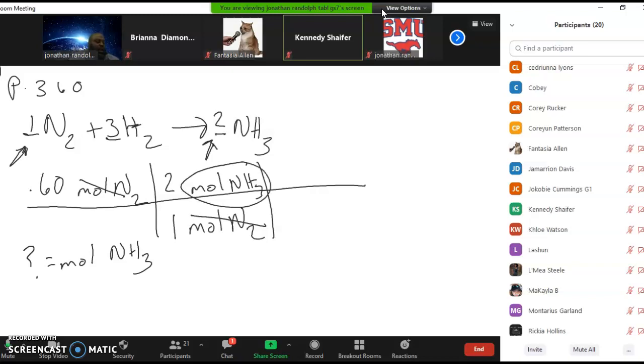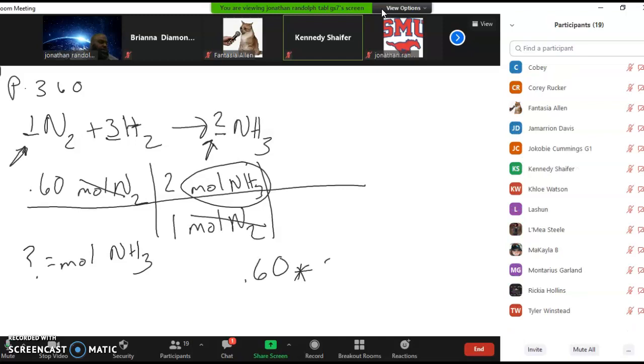So you're going to multiply 0.60 times 2 moles NH3 over 1.